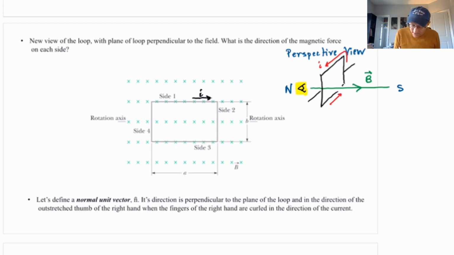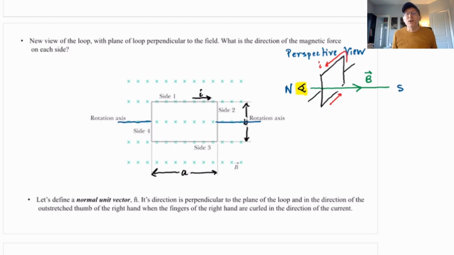I've said the object is shaped like a rectangle. The long dimension is length little a, and the short dimension is length little b. And the magnetic field vectors are uniformly spaced and pointing into the screen. And it's kind of hard to see it, but the axis of rotation is coming out this way and this way.